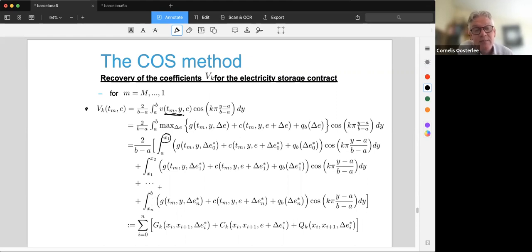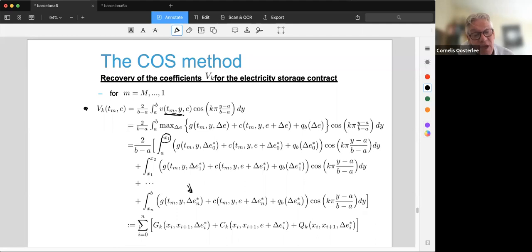And for each of them, we look at the value of delta E, which is the value at which we have a transition from delta E n minus 1 unit to delta E n units. It looks a bit complicated, but I hope you get the insight of what we are doing. We are just generalizing the Bermudan option case to multiple exercise to electricity contract.